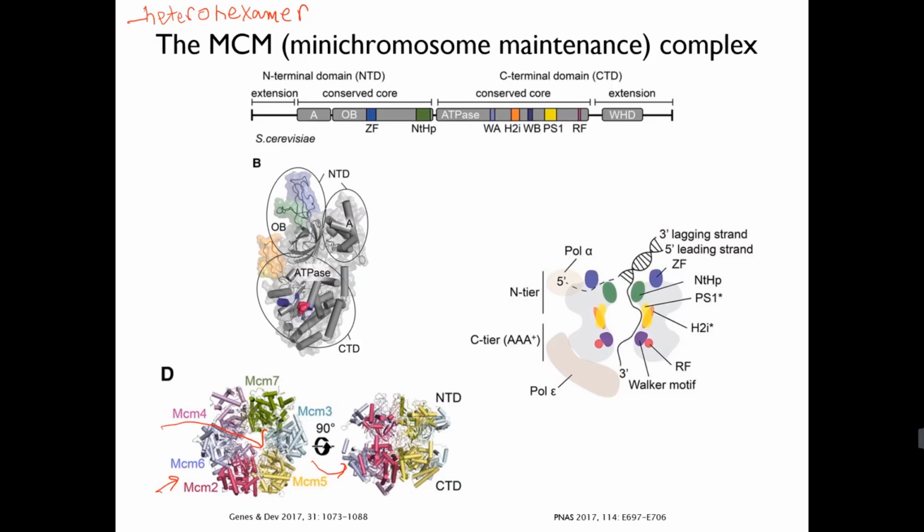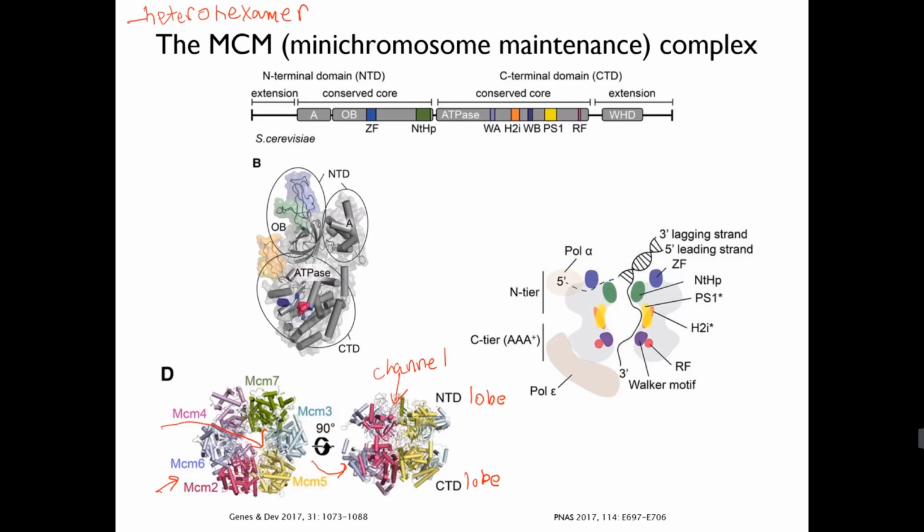It has a couple of lobes, so you can see them quite clearly here, this N-terminal lobe and this C-terminal lobe down here. And then it also has the channel running through the center of this thing.